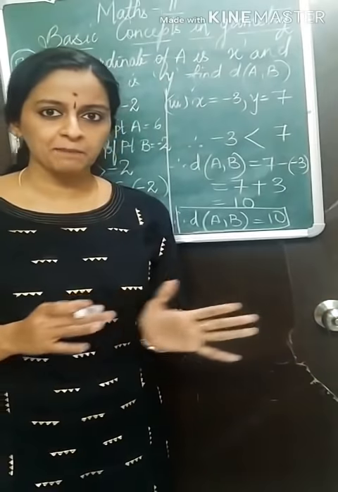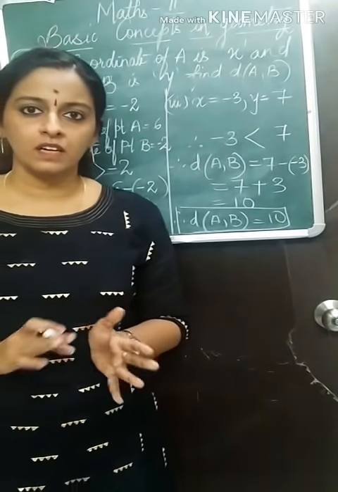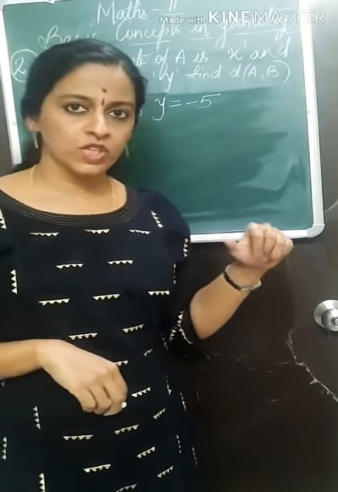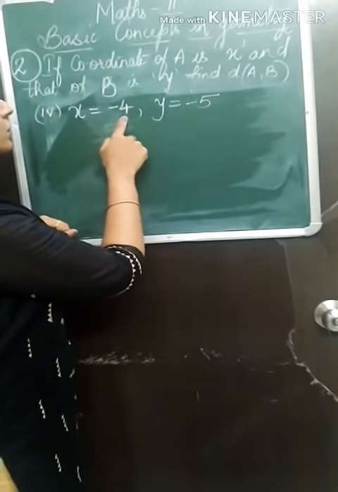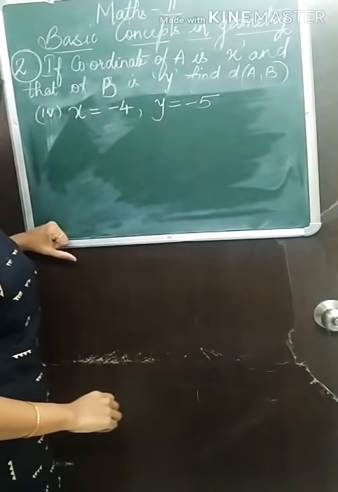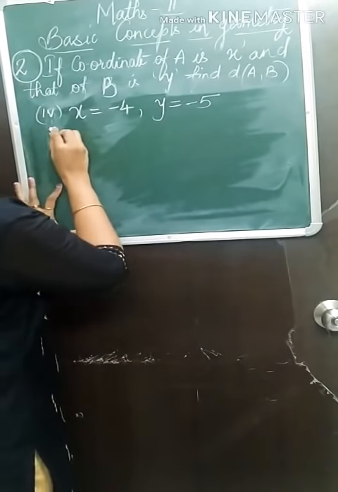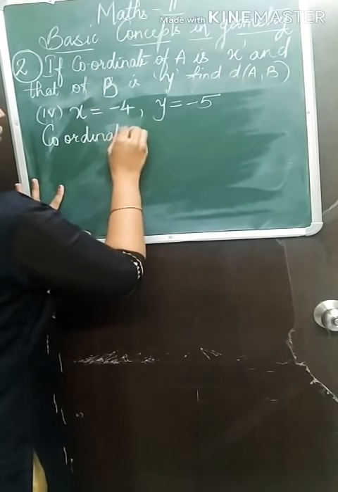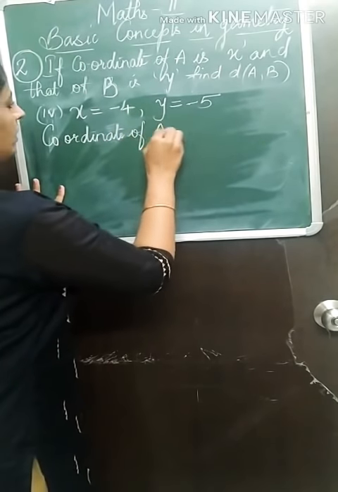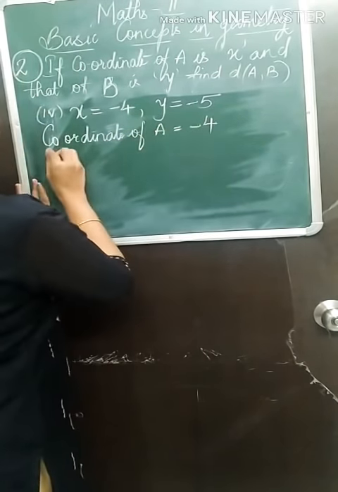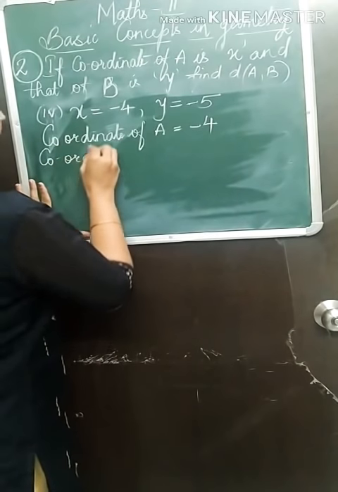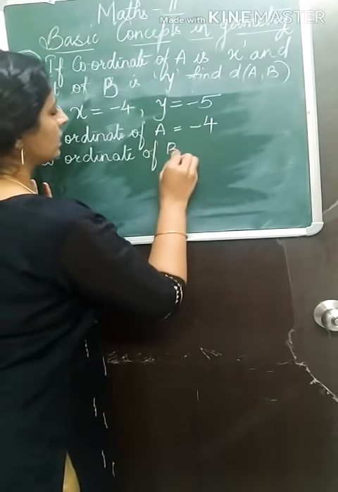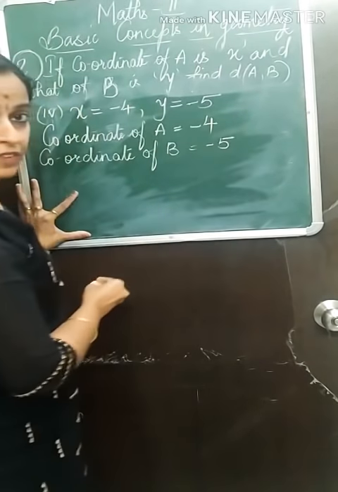Same method, but too many sums we solved. Fine. Now we'll solve the fourth sum. The fourth sum, x is equal to minus 4, y is equal to minus 5. Before me, you should get the answer. Come on. Coordinate of A equal to minus 4. Coordinate of B is equal to minus 5.